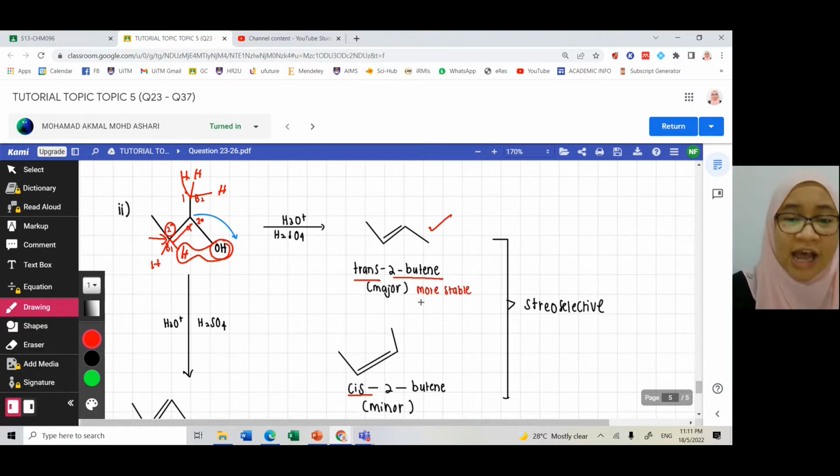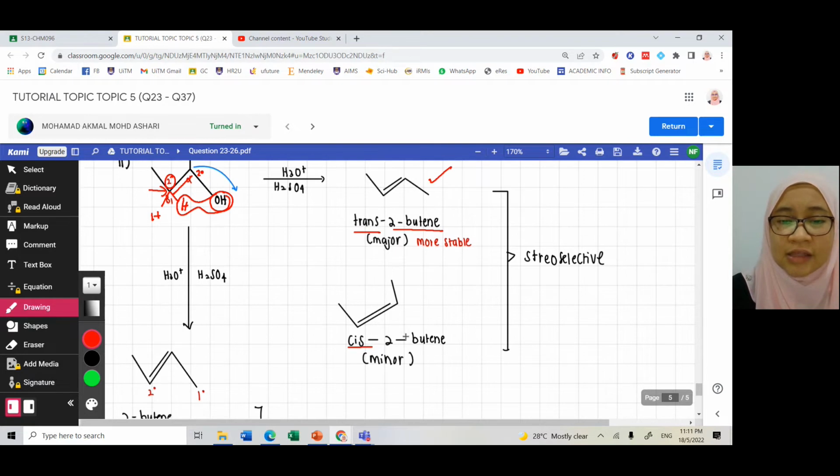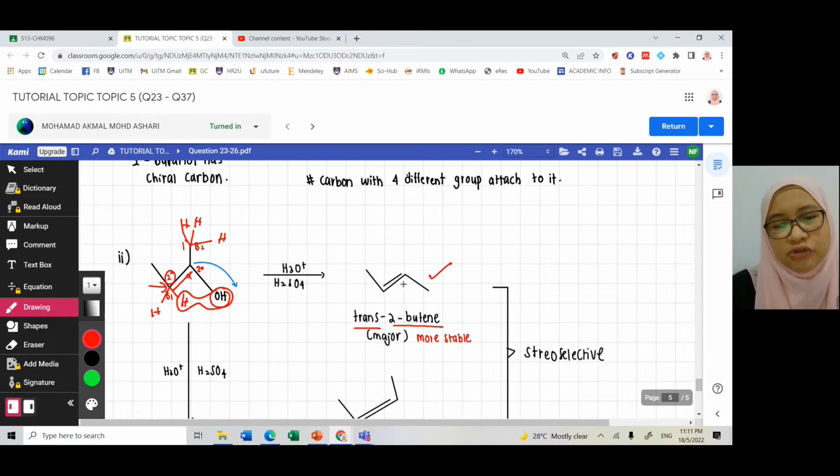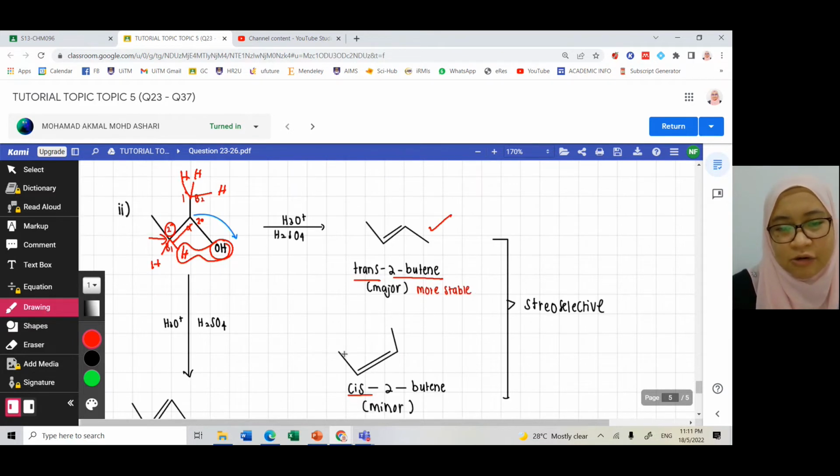Between trans and cis, there is a preference. It prefers to form trans rather than cis. So cis will be the minor product, whereas trans will be the major product. This is due to steric hindrance. As you can see, why is cis not preferable?